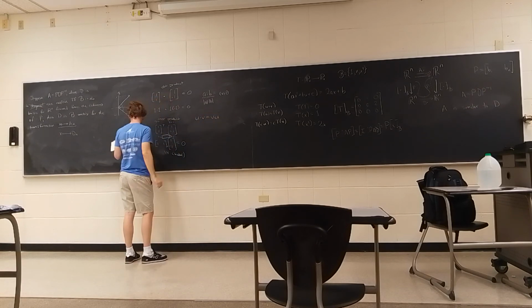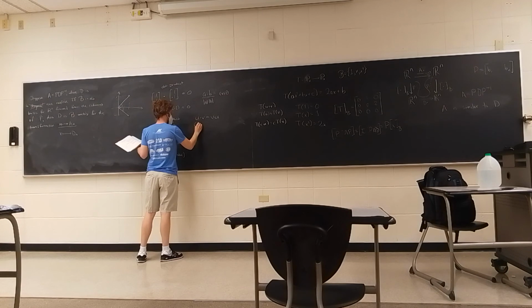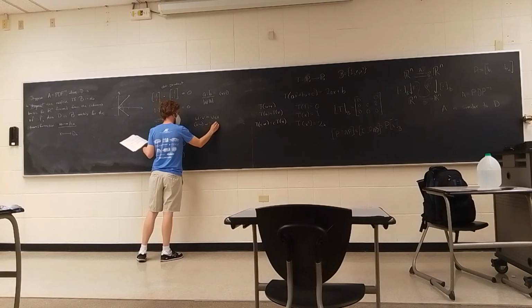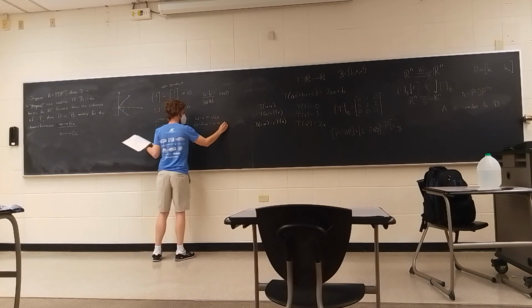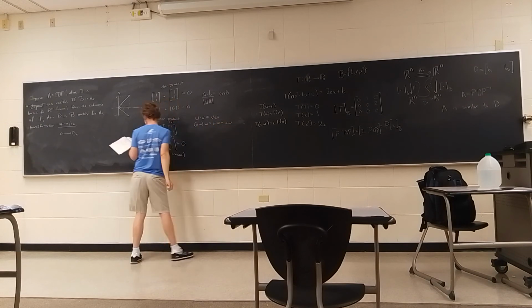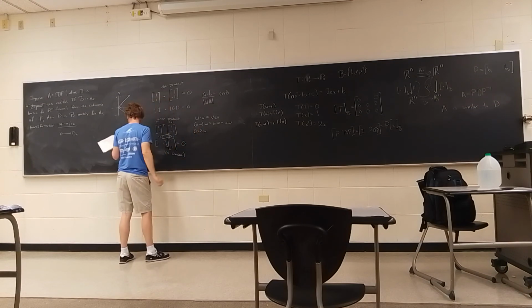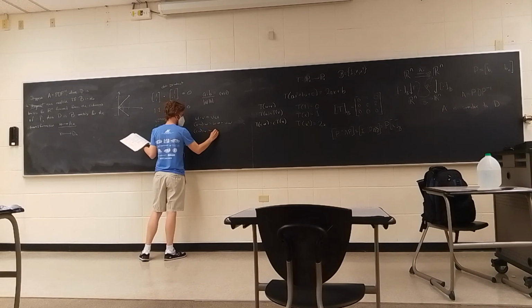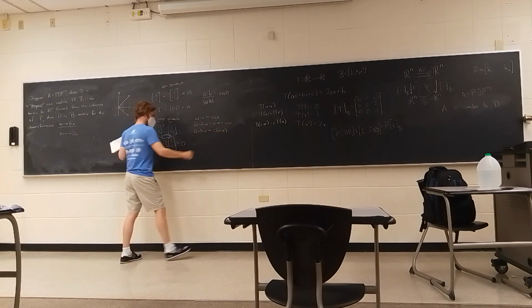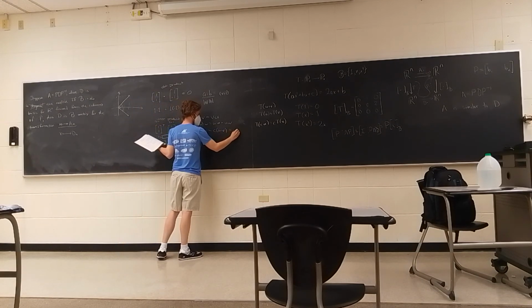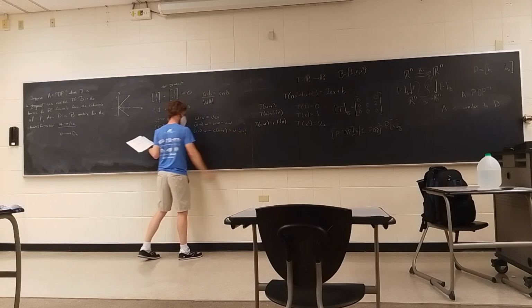U dot V equals V dot U. U plus V dot W equals U dot W plus V dot W. Cu dot V equals C times U dot V, where C is a scalar. And this is the same as U dot CV.